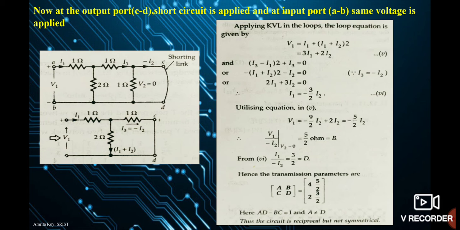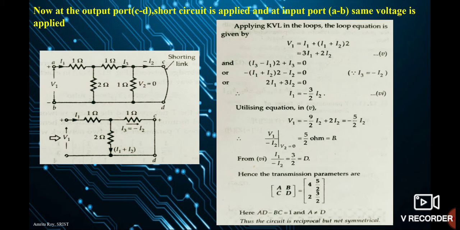Now applying KVL in the loops, the loop equation will give us V1 equals (I1 plus I2) into 2, that is 3I1 plus 2I2, and (I3 minus I1) into 2 plus I3 equals 0. Now we will substitute I3 equals minus I2, so (minus I1 plus I2) into 2 minus I2 equals 0.